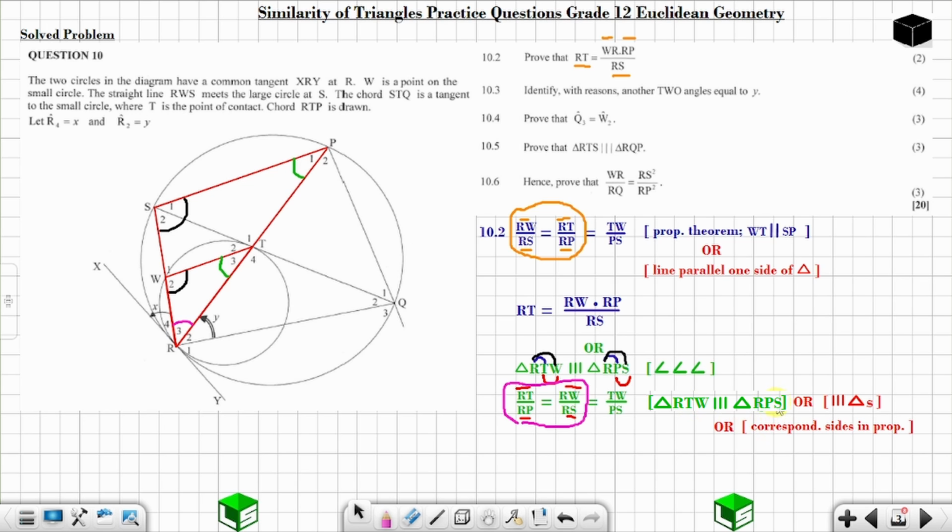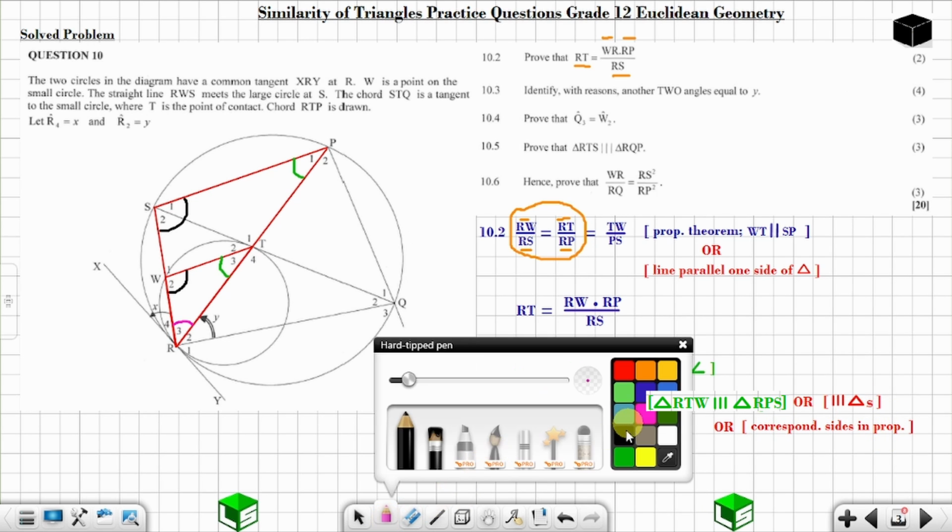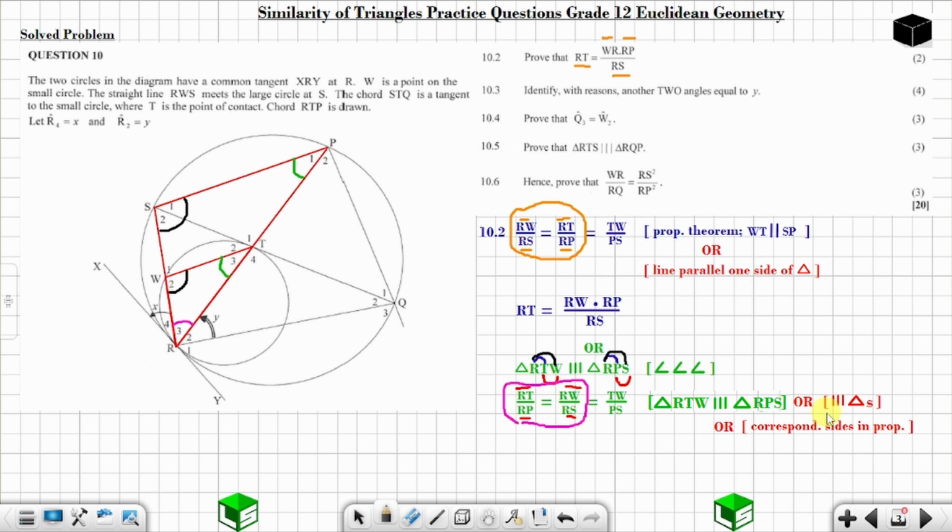Whenever you have similar triangles, the corresponding sides are in proportion. This is the most used one. Now we are going to use this part. RT is equal to RW times RP over RS.